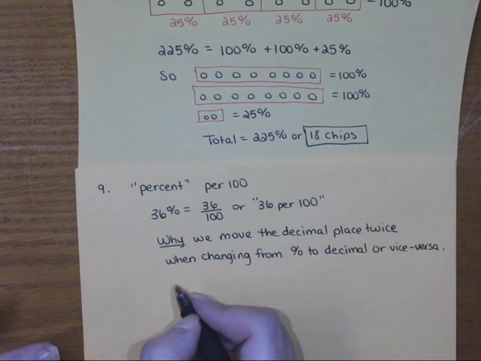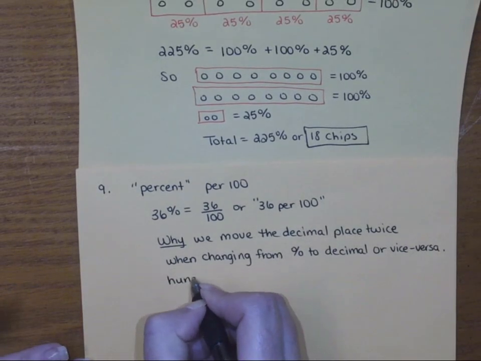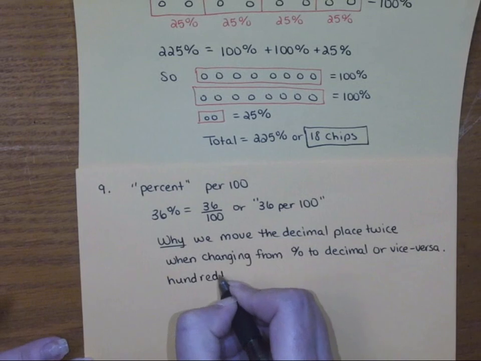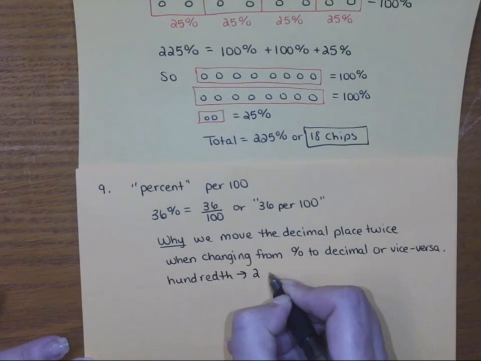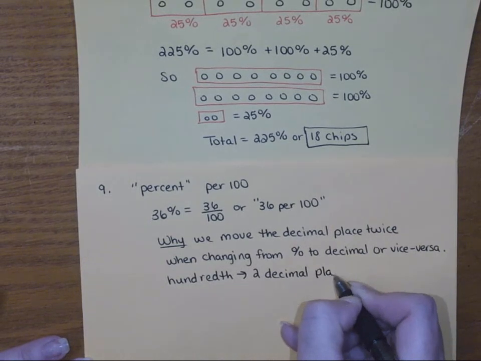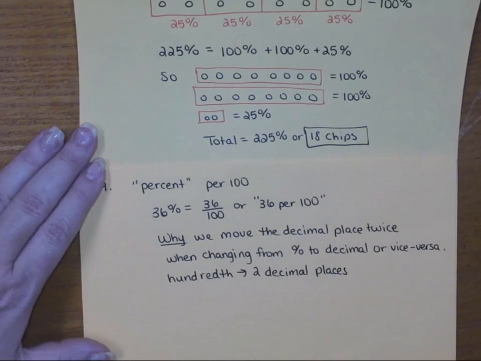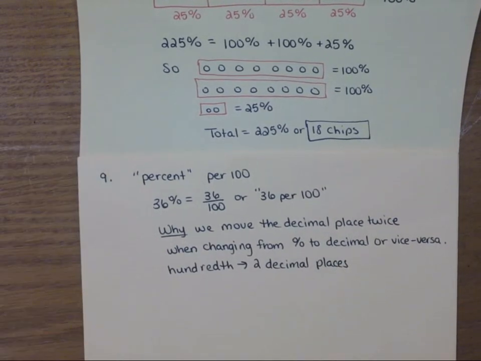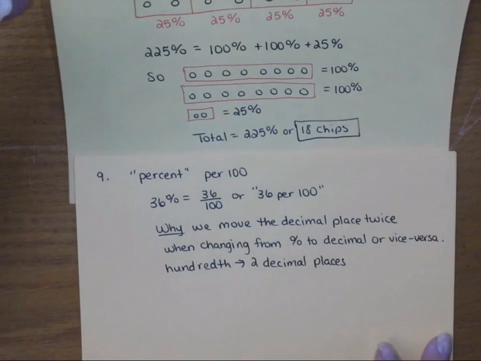And it's because the hundredths place, if you understand place value, is literally 2 decimal places. That's why. So just kind of a side note. That's really extra for the problem that I asked, but that is why we move the decimal place twice.